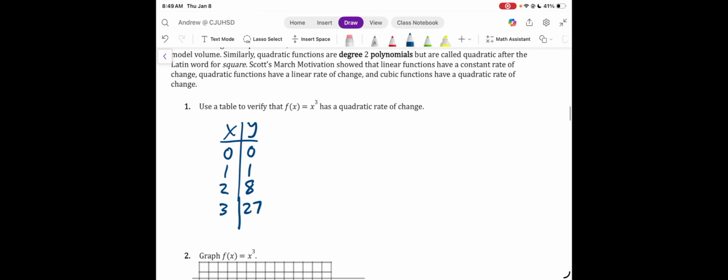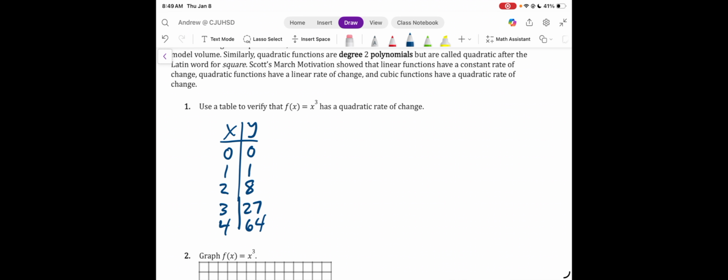So let's make a table. X, Y. 0 cubed is 0. 1 cubed is 1. 2 cubed is 8. 3 cubed is 27. Do we need to do one more? 4 cubed is 64.